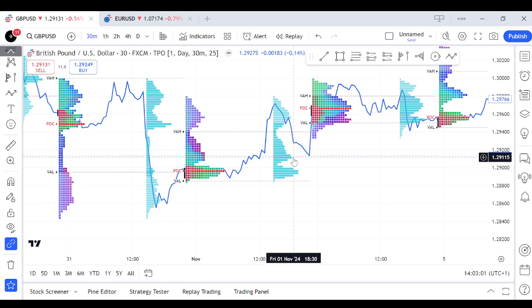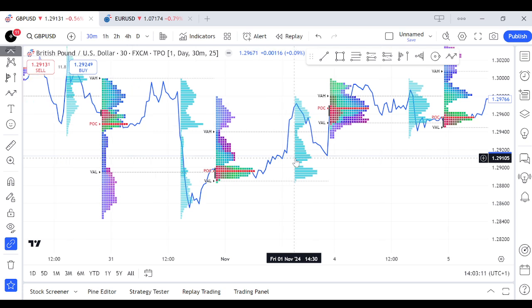The initial balance sets the stage for the trading day. The IB, which is the initial balance, is the price range established during the first hour of trading and can signal the day's tone.